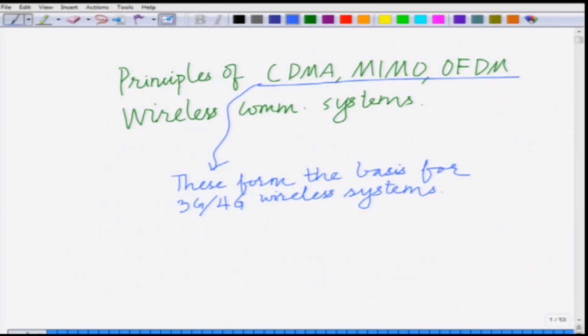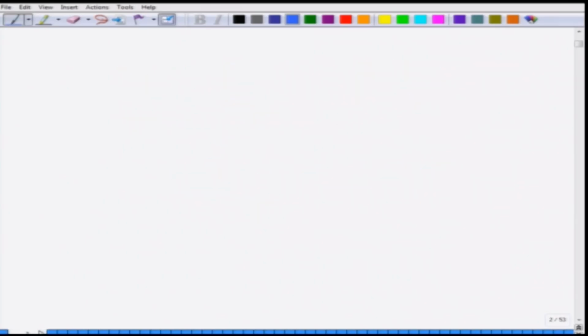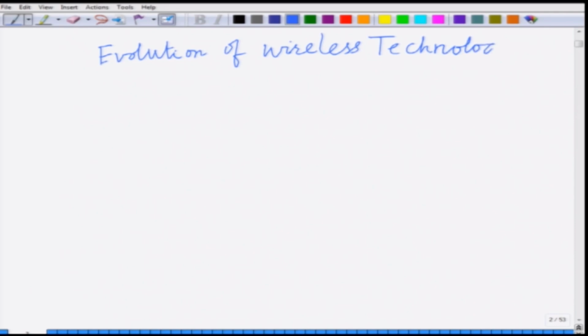So let us talk about the evolution of wireless technologies.